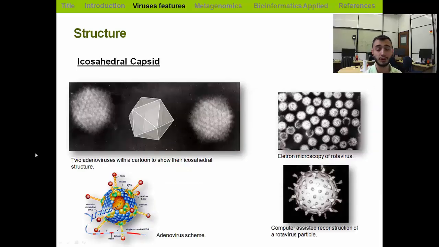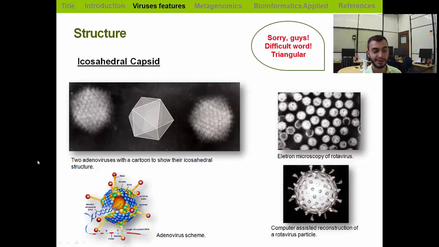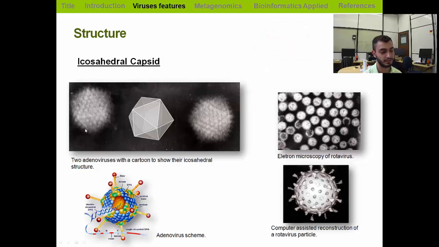And we can have the icosahedral capsid, the icosahedral symmetry, exemplified here by this adenovirus. In the middle you have a cartoon where you can see the icosahedral symmetry with these triangular faces, and in the electron microscopy you can actually see this icosahedral symmetry.